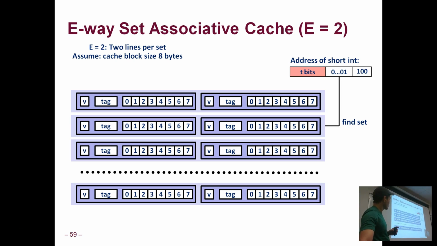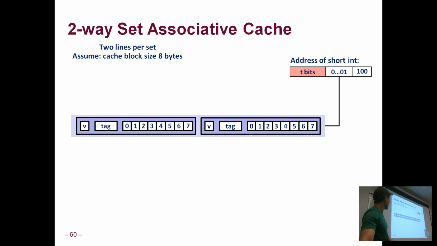And so when you find this set, you're going to look at both locations for your data at the same time. You select this row, and then you need to see if your data, based on the tag bits associated with your address, is either in this block or in this block. So you compare both simultaneously.